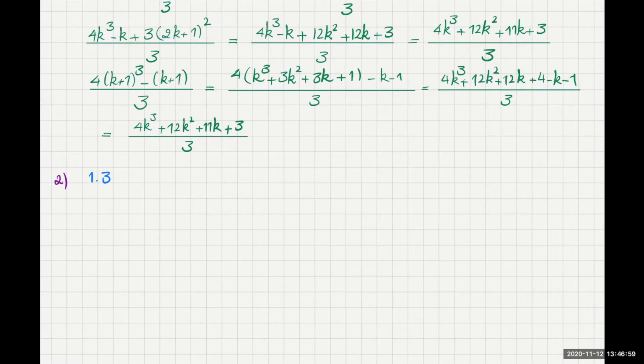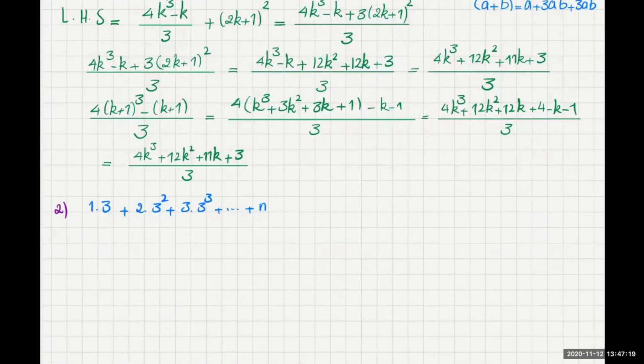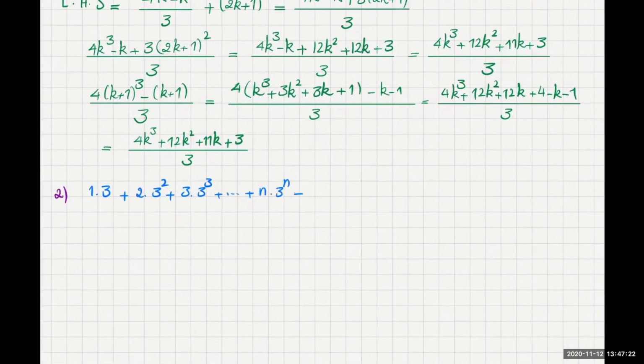1 times 3 plus 2 times 3^2 plus 3 times 3^3, and then you continue until n times 3^n is supposed to be equal to 3/4 times (2n - 1) times 3^(n+1).